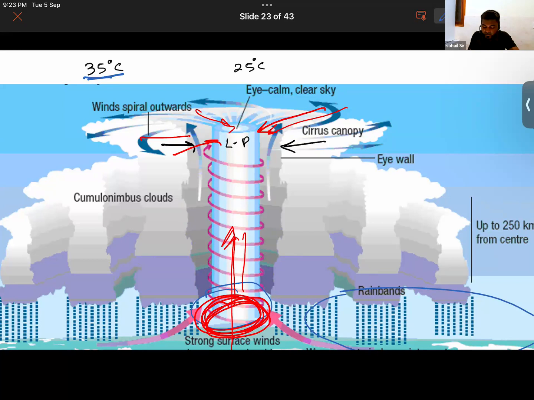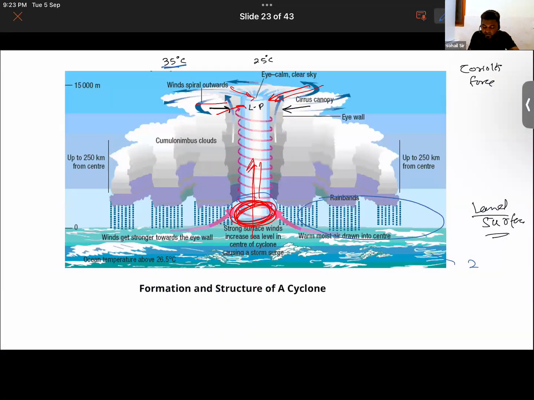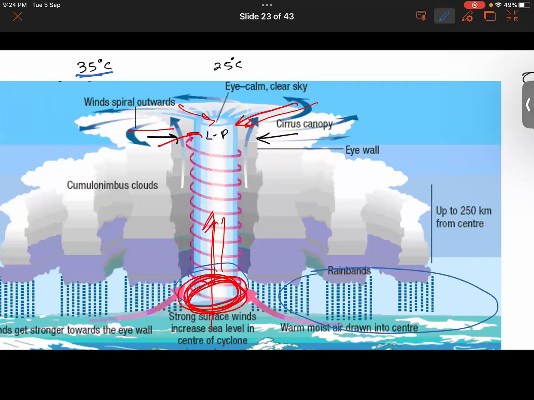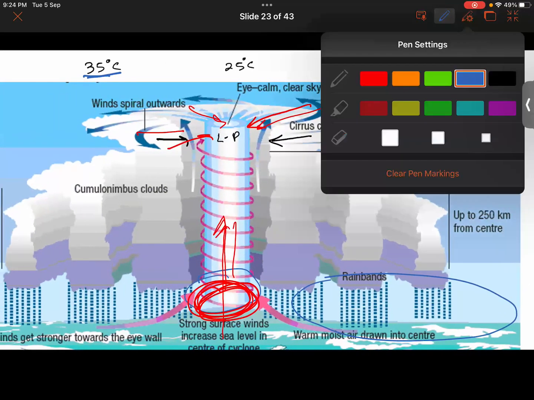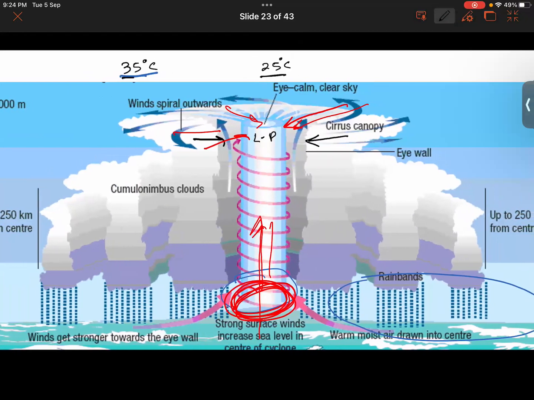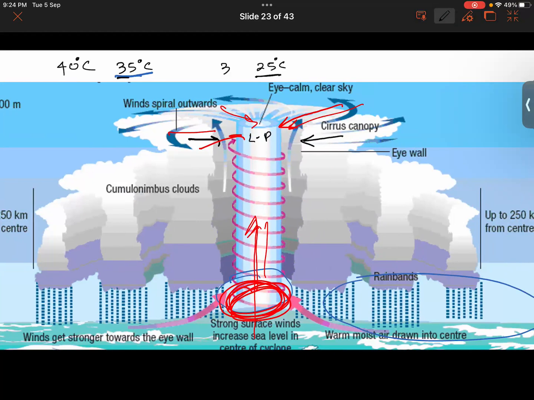Sir, I think it's about 26, right? Yes, exactly, it is above. The thing here is, this 26 degrees Celsius is for the water surface, for the water body. Okay, sir. So just hypothetically, let's assume that the temperature at the lower pressure region is 25 degrees Celsius and the surrounding is 35 degrees Celsius. Now for another cyclone, the surrounding is 40 degrees Celsius and here it is 30 degrees Celsius.